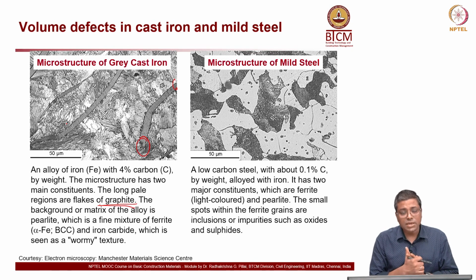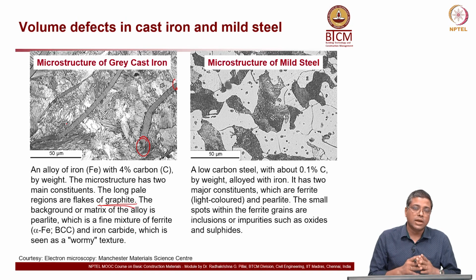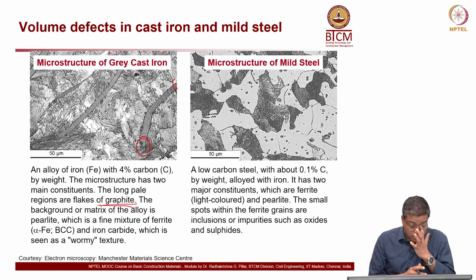This is the reason why we don't use cast iron in many structural applications, because the failure is very brittle in nature and you don't really see a deformed structure. We already discussed this in the previous lecture.